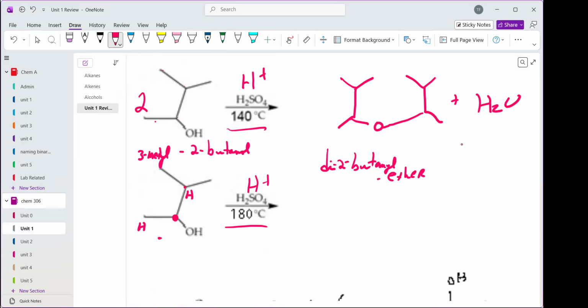So we're going to get one like this. Let's do it in one color. One's going to be like this, that means this is going to be the double bond. If we do it this way, this is going to be the double bond. Okay, so let's do the black one first.